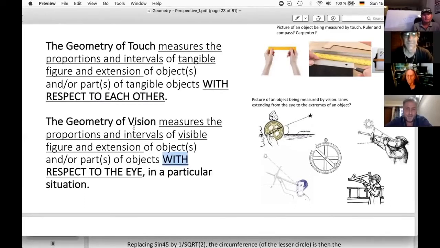And that's why you cannot see the distance of things, but what you can do is see the position of things. And that is the big distinction that we have to make, that yes, with our eyes, we can see the position of certain things in relation to other things, but we cannot ever geometrically, with our eyes, see the true distance of something.